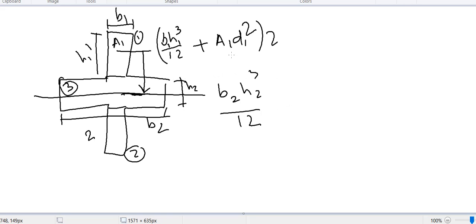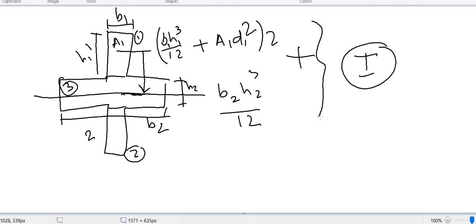There is no A d squared because we do not need to transfer. Then combining this and this will be our combined I. If I sum this, it will be our combined I. What is my combined A? Combined A is the area of this plus the area of this. That should not be a problem. So hopefully you understood the concept of finding I.